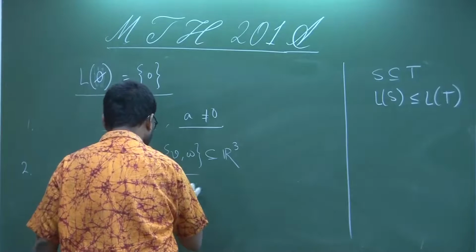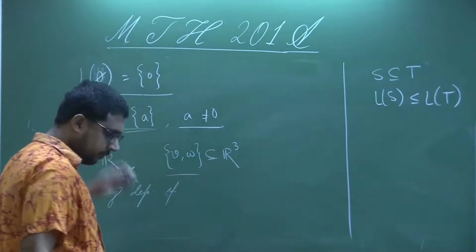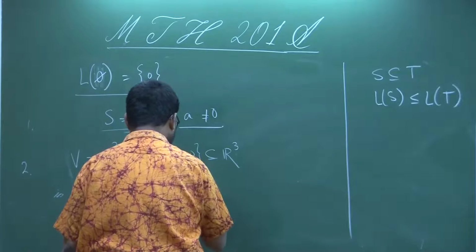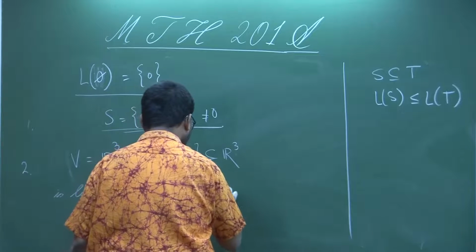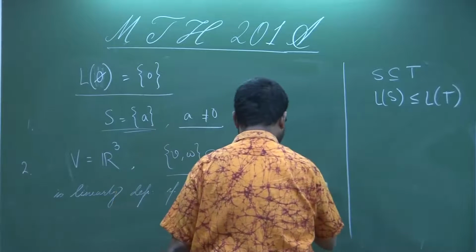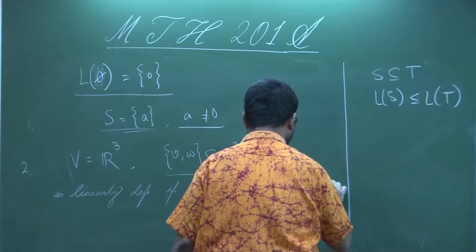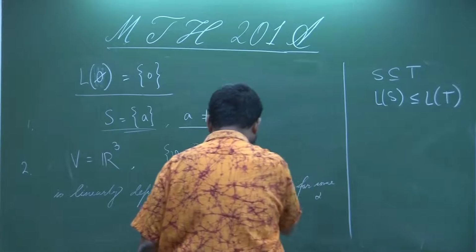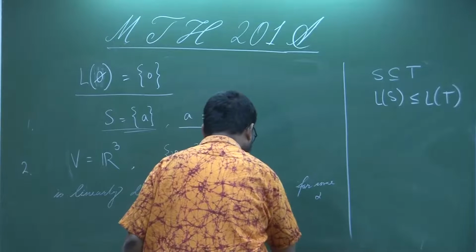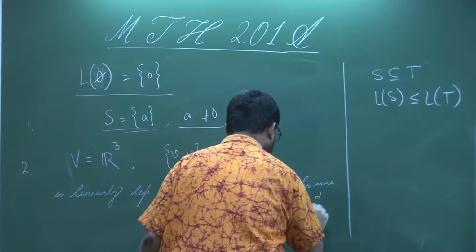So, the definition says either v equals alpha w for some alpha, or w equals beta v for some beta.